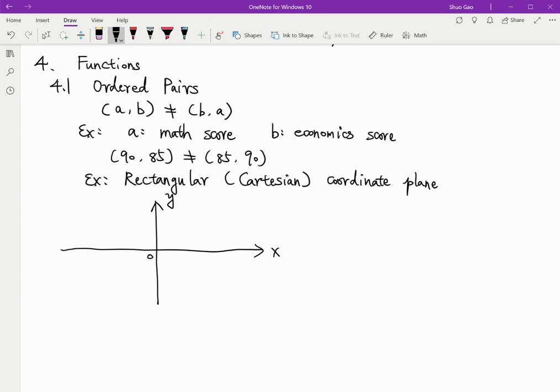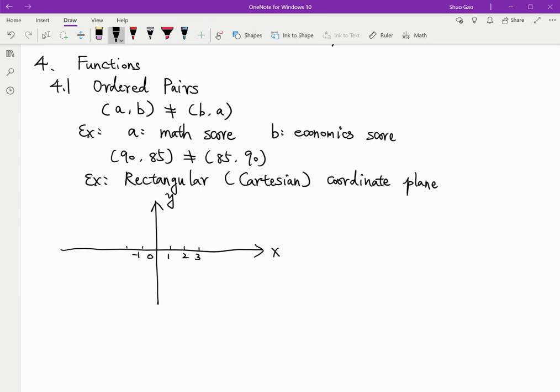Actually, we can draw all kinds of ordered pairs in this plane, right? So you can think of x as the A and y as the B, just represented by different things. But A, B, or x, y is just the same, a different name of the same parameter. You can think of x as the 90 here, and y as the 85 here. Anyway, for the x-axis, to the right, they are positive.